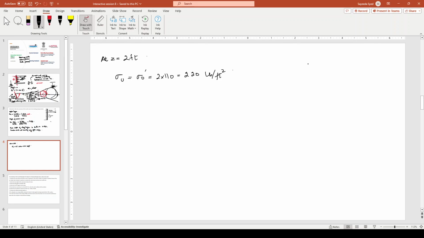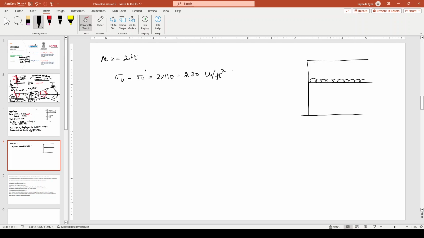Now see what will happen. This clay soil, it will not show any resistance or any active earth pressure resistance. It will not show that, but the weight of the soil will still remain there.